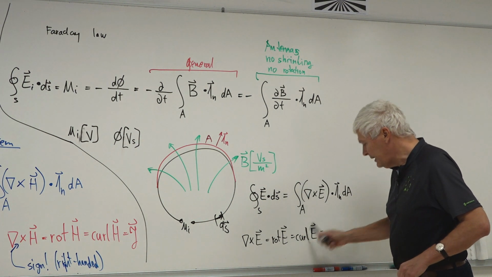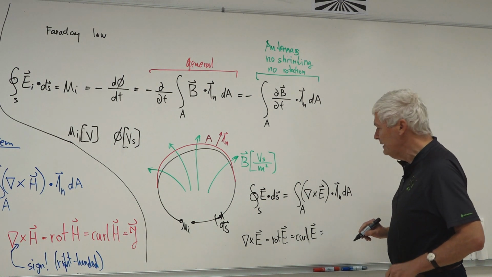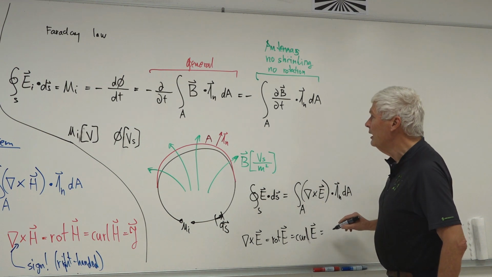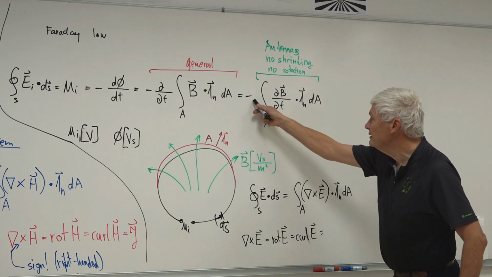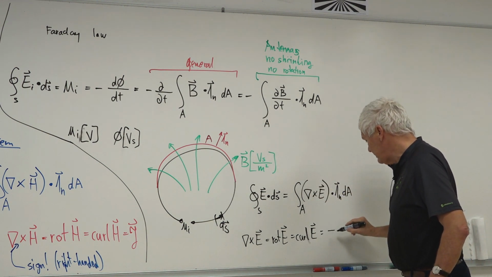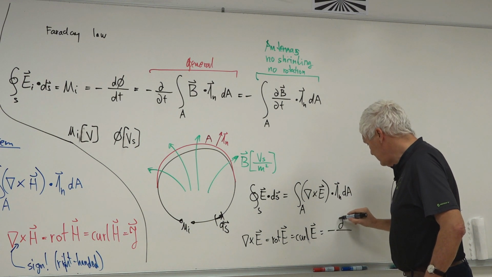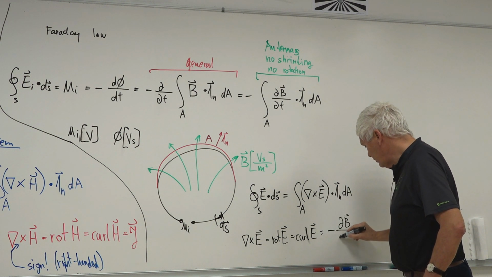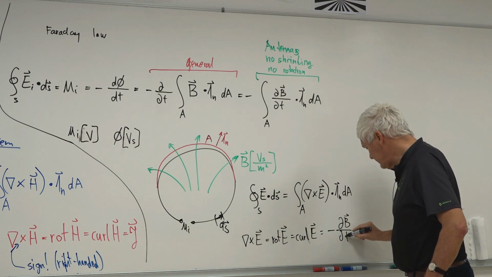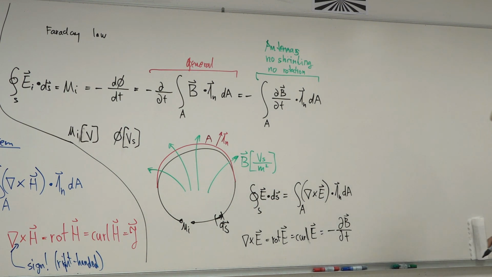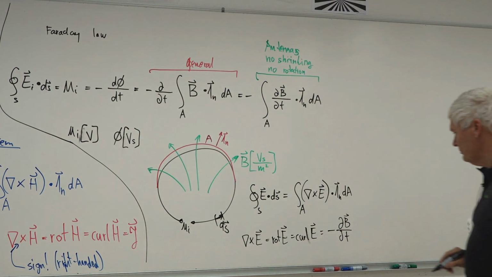This is the density of vortices of E, and it is equal here to, we should not forget this minus sign, minus partial derivative of B over t. So this is now the differential form.